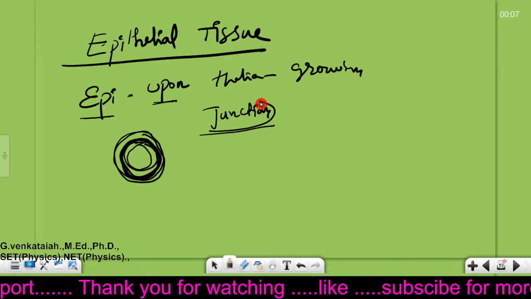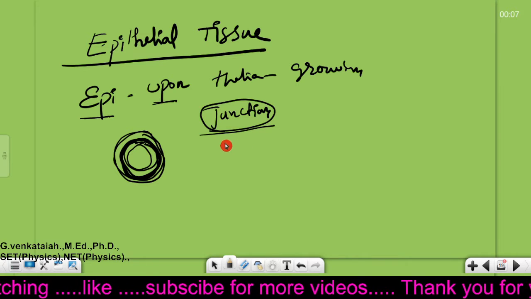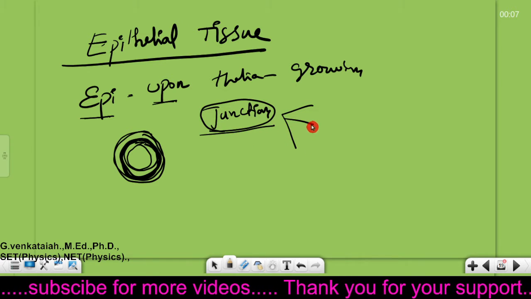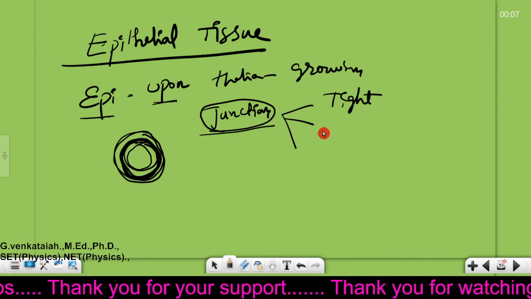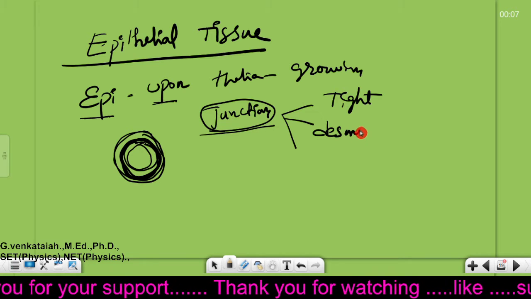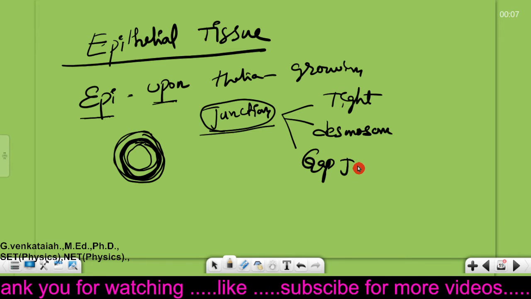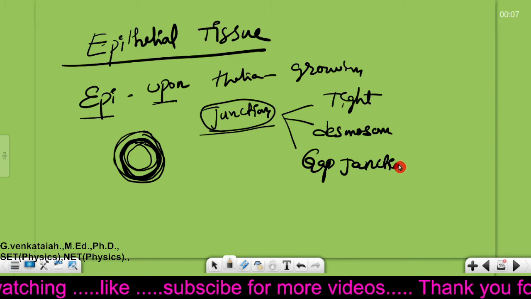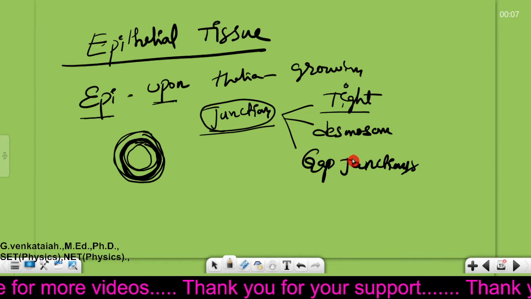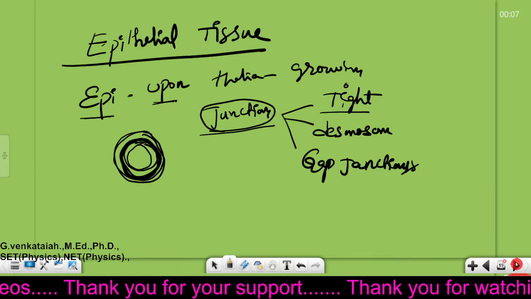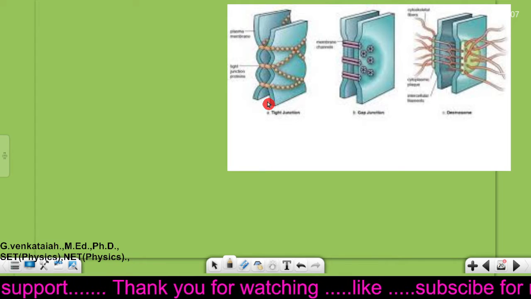These junctions are mainly of three types: tight junctions, desmosomes and gap junctions.